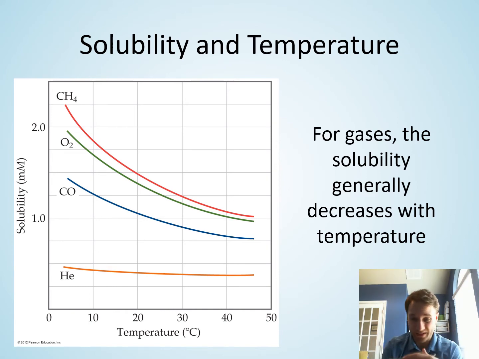The faster these gases are moving around, the more energy they have, and the less likely they are to hit the solution and stay inside. If they have more energy, once they're in the solution they're moving around a lot and are more likely to escape.